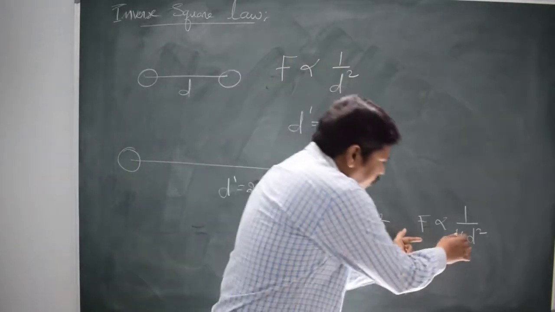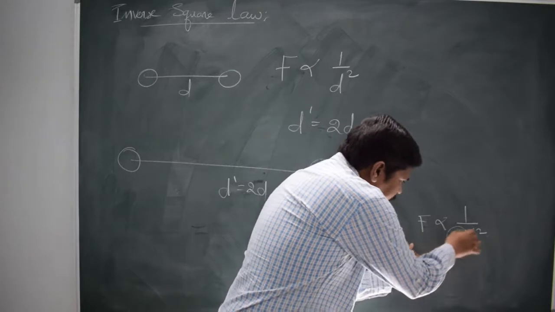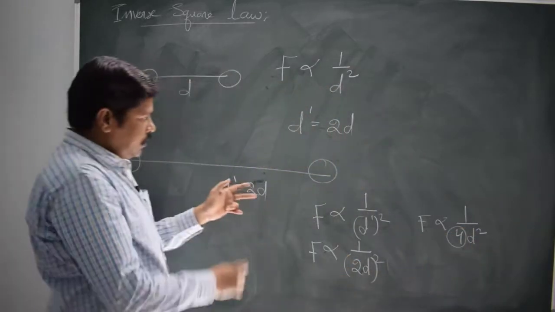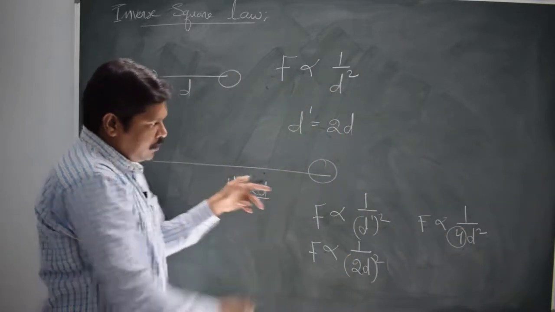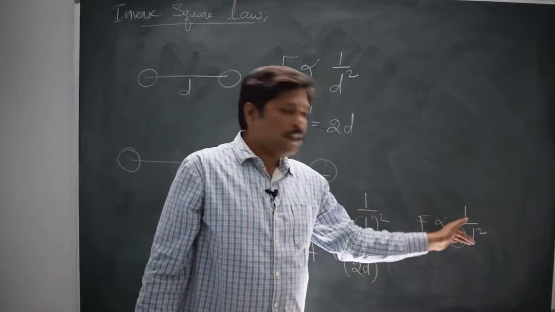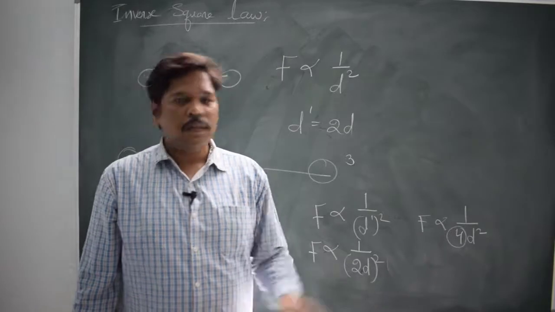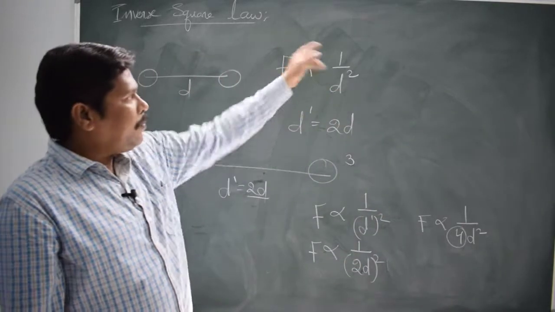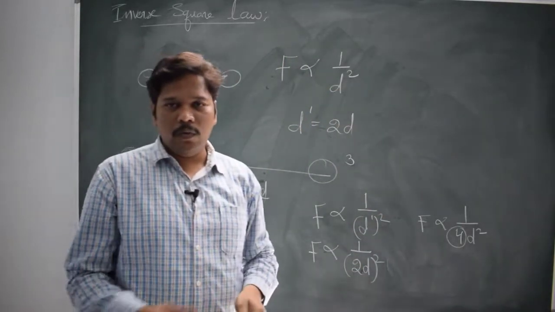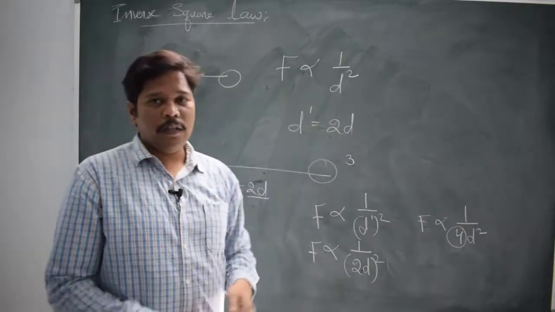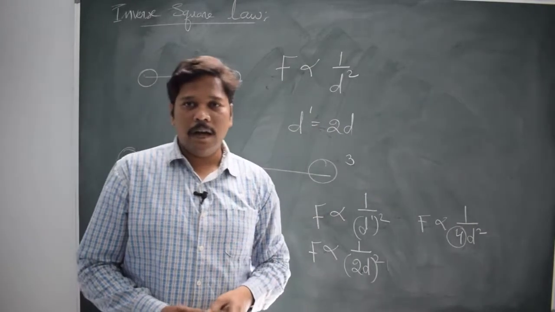Now if you check here, we have this number 4. That means if the distance is increased twice, the force of attraction between them is going to reduce 4 times. Since it is inversely proportional to the square of the distance between the two objects, it is also known as inverse square law.